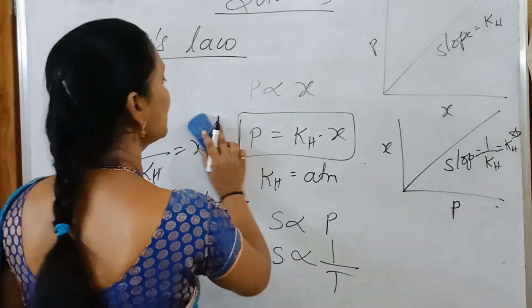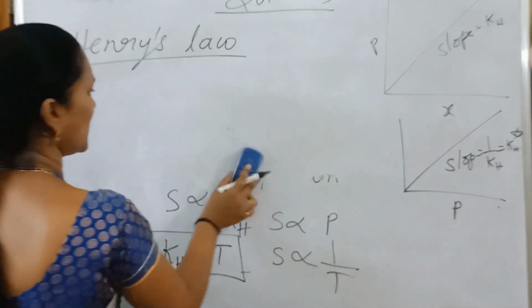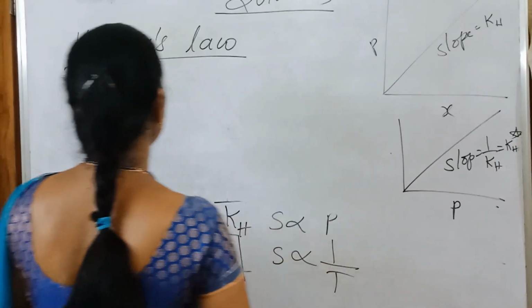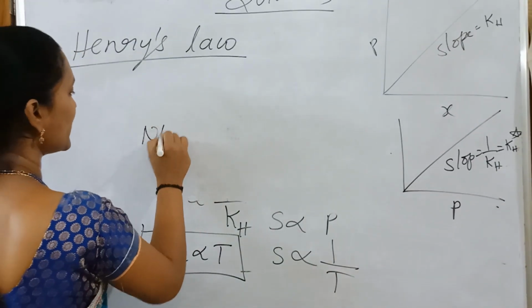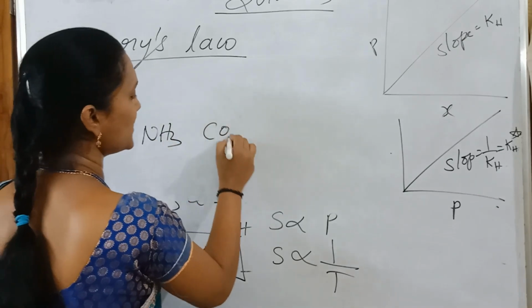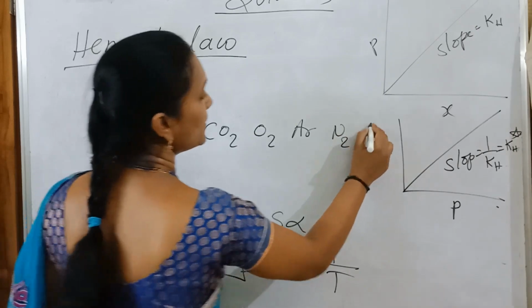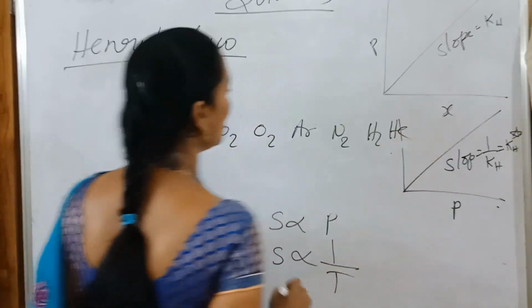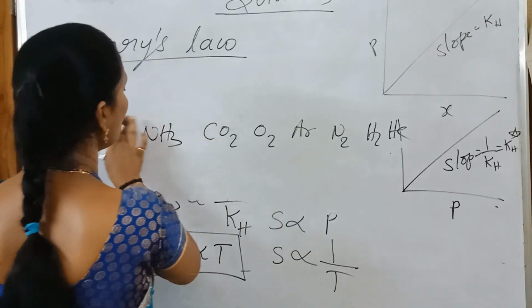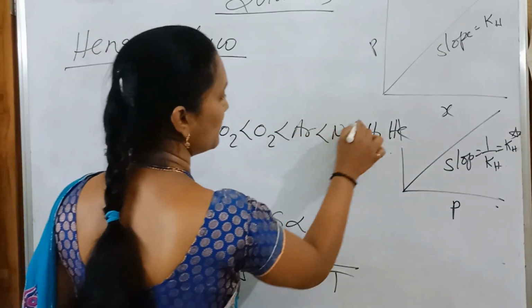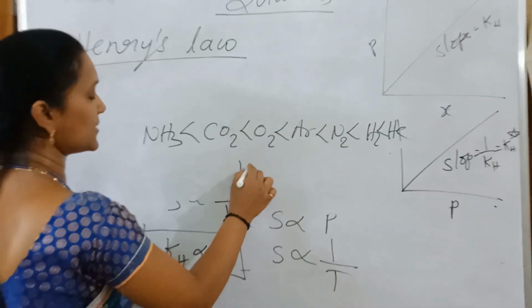Okay. Now, here in the NCERT textbook also, one box is given with values. Values are not required. Just NH3, CO2, O2, Ar, N2, H2 and He, like this given. Now the order is increasing order of Henry's constant value.